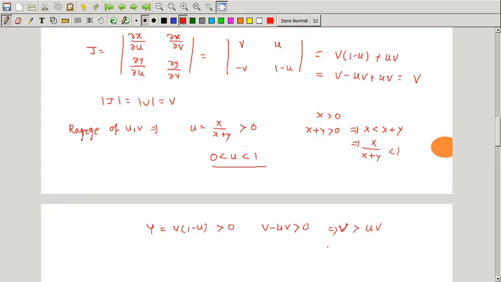So here v is greater than 0 and 1 minus u is also greater than 0. So you can write it as 1 is greater than u. Also here we get 1 is greater than u.